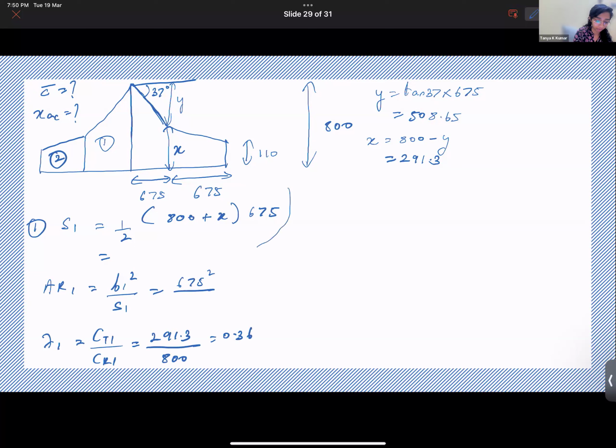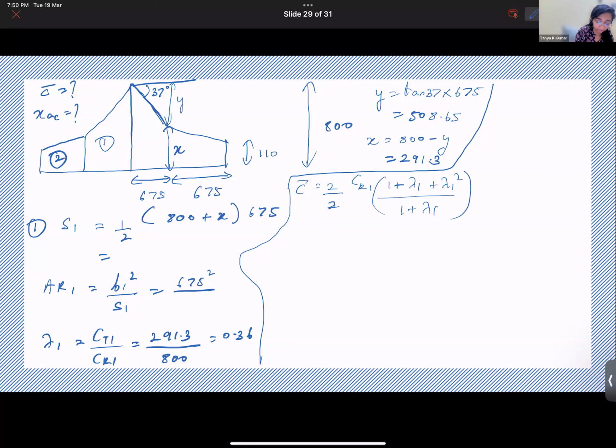Now let's find out C bar. What is the formula? Empirical relationship: C bar equals 2 by 3 CR1 into (1 plus lambda 1 plus lambda 1 square) by (1 plus lambda 1). I'm sorry about that. This is C bar for section 1.